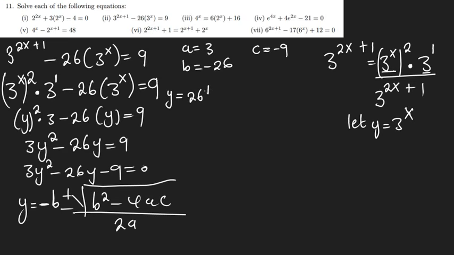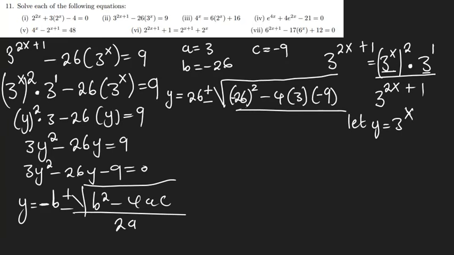Then plus or minus the root of negative 26 to the power 2 minus 4, where a is 3 and c is negative 9, all over 2 times a, which is 3.